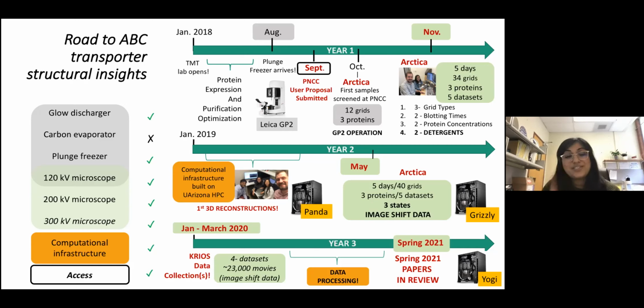And so going back to our pipeline, we do focus heavily on optimizing sample preparation. So we're not so much concerned about sample quantity, but sample quality, considering we need very little amounts for structure determination. And so you can see the benchmark that we have set here.